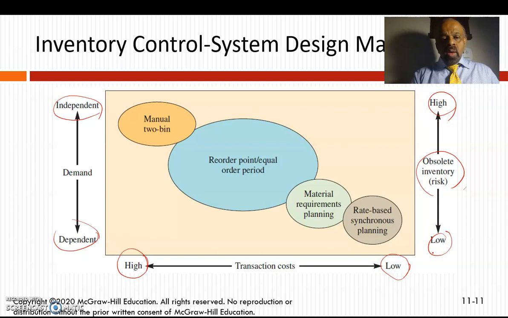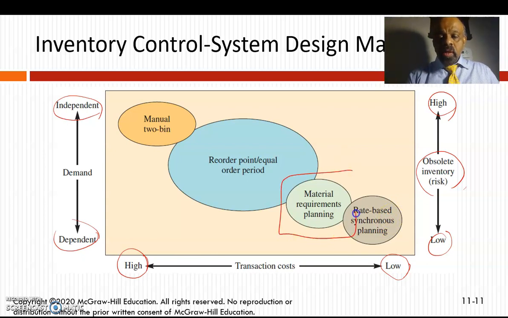Depending on the demand or the obsolete inventory or the transaction cost, we can say that the manual two-bin way of doing control systems is very independent, and the rate-based synchronous planning is dependent. And also it has got low transaction costs.